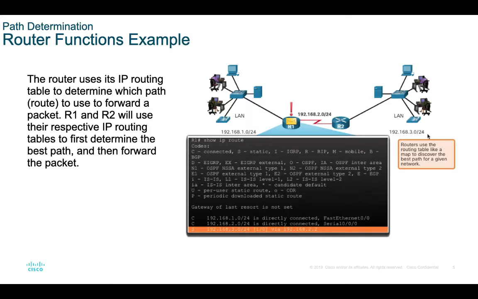So in order to reach network 192.168.3.0, you must go through serial 0/0/0. So the interface that we are going to forward out of is serial 0/0/0, for the S entry 192.168.3.0. So that's how the router determines the destination through the IP table.